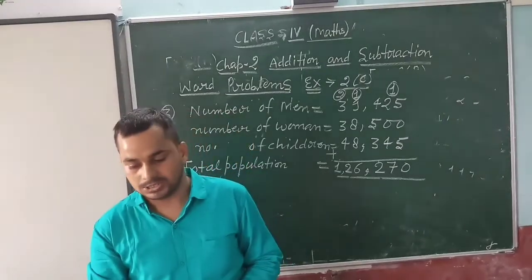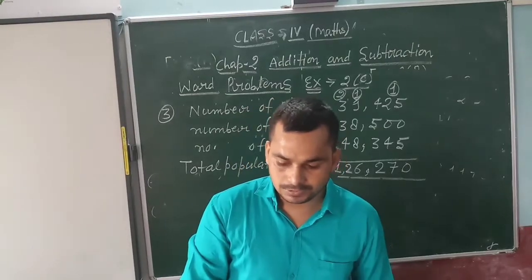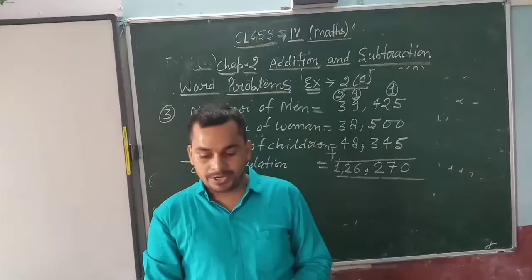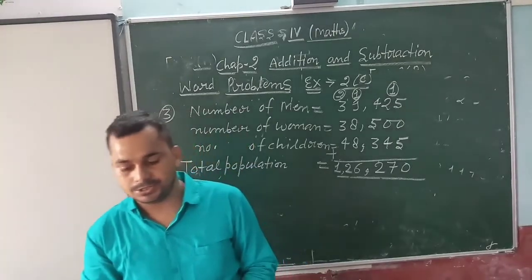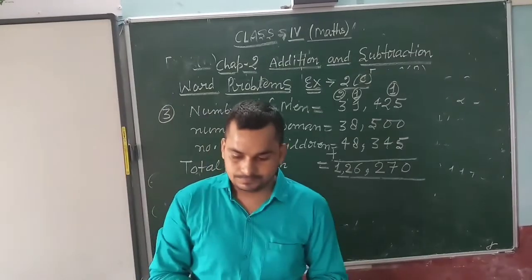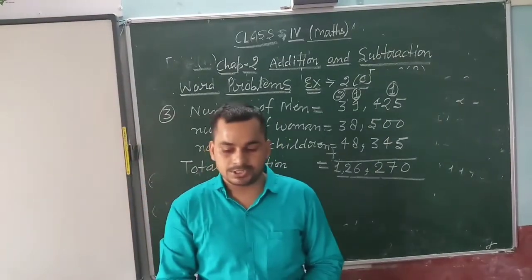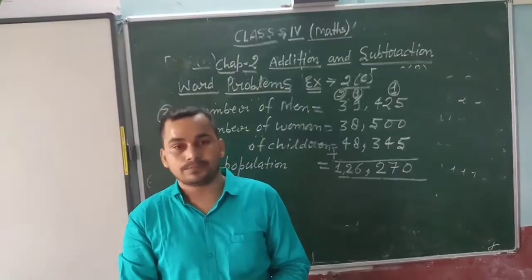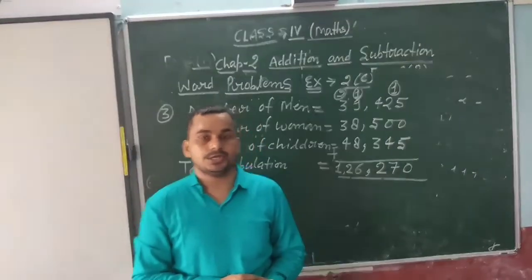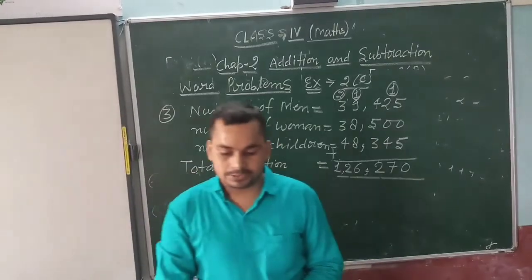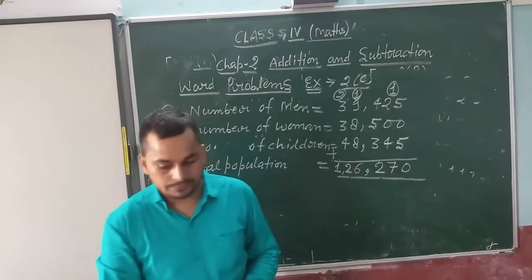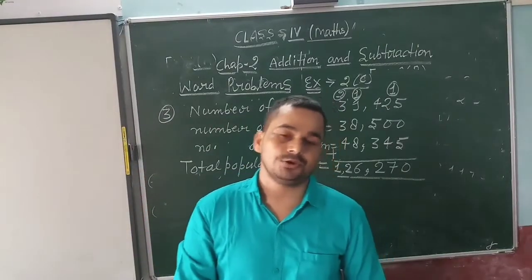Consecutive means लगातार, without any gap. How many t-shirts were made in these 3 weeks? So you have to add number of red t-shirts plus number of blue t-shirts and plus number of black t-shirts. So we get the total number of t-shirts made by the factory in these 3 consecutive weeks.